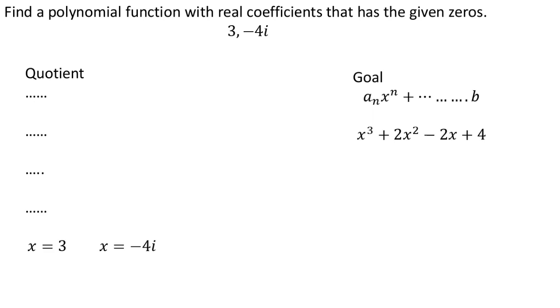So the first thing I need to see is that these are my zeros, so I can set them up as x equals 3 and x equals -4i. And again, we know that i is an imaginary number, and our goal is to have this polynomial with a leading coefficient, the degree of the polynomial, and all these factors being multiplied out to where we get a constant.